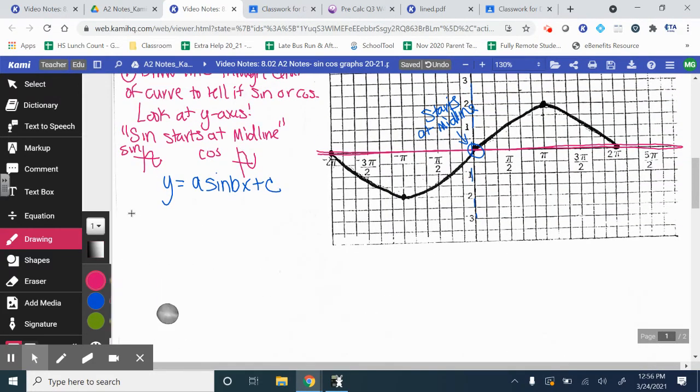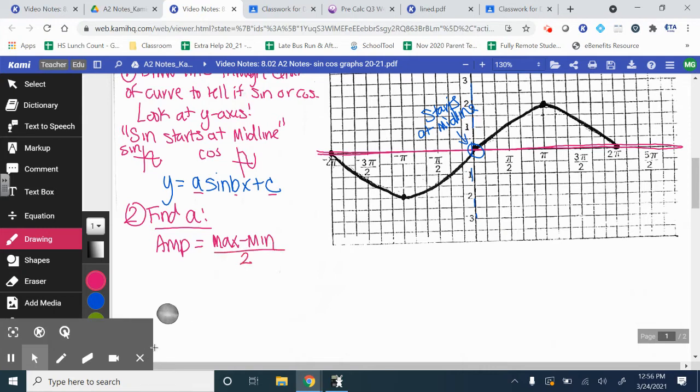Step 2, find your a. Now we're going to find our a, b, and c. Find a first, that's our amplitude. Our formula for the amplitude written above is your max minus your min over 2. Our maximum value, the highest point we ever reach, is 2 for your y values, and the lowest point we ever reach is -2.